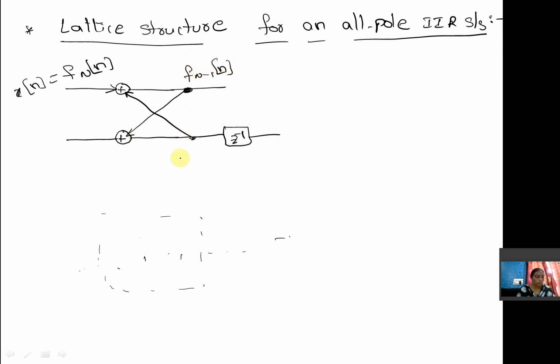Here is the point, here is the point Gn of n. Gn of n. Now here multipliers. Here is a Kn. Okay, here is Gn minus 1 of n or Gm minus 1 of n.